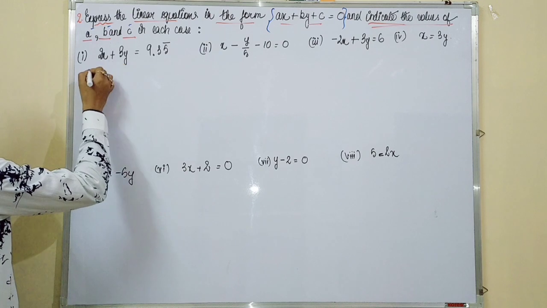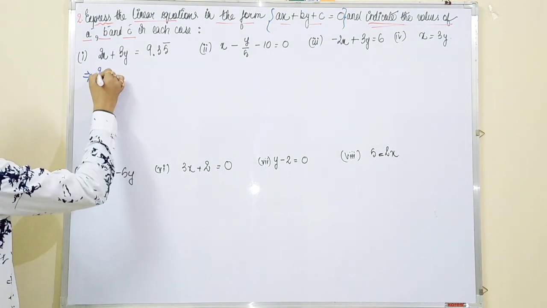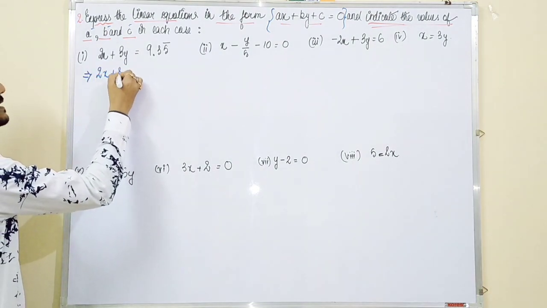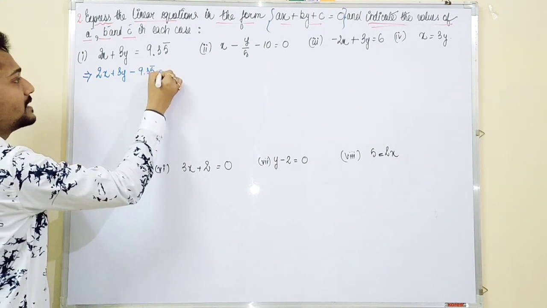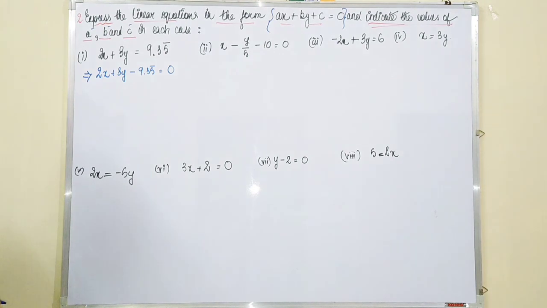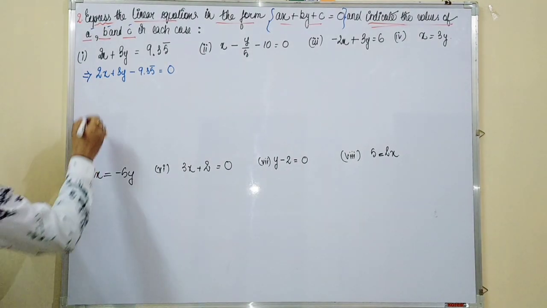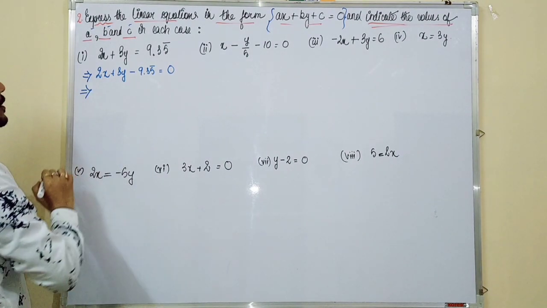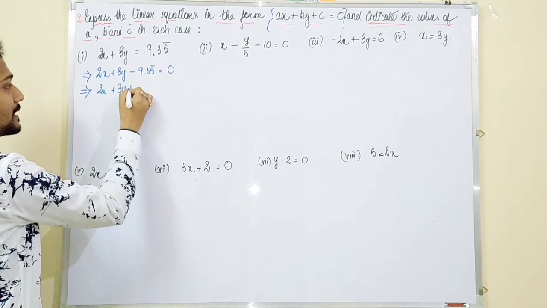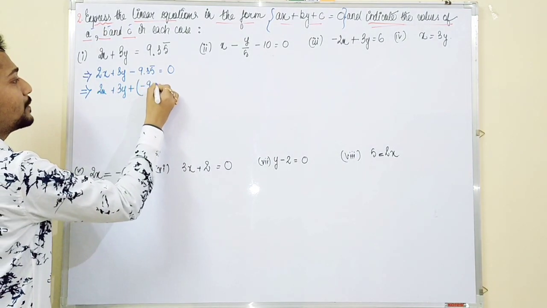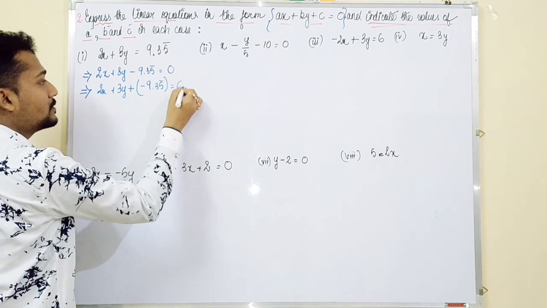So how can we change it? If we write this as 2x plus 3y minus 9.35 bar is equal to 0, does the meaning change? No, the meaning doesn't change. It remains the same. Next, 2x plus 3y plus minus 9.35 bar is equal to 0.